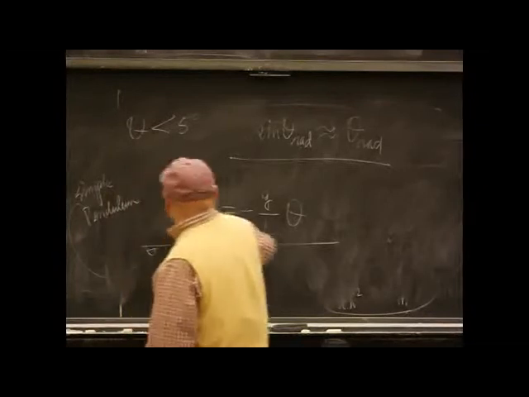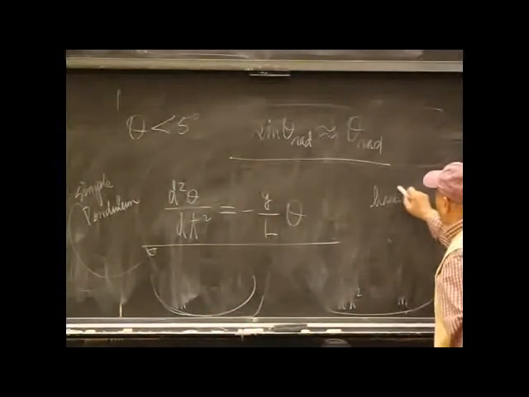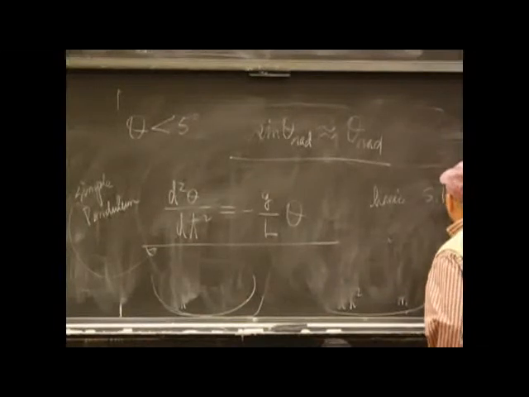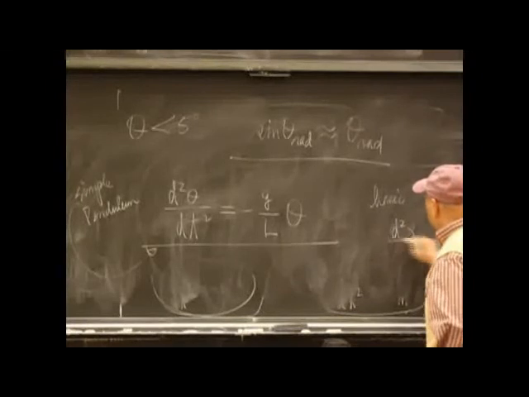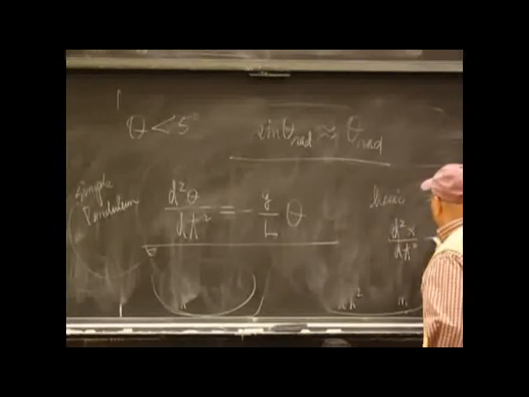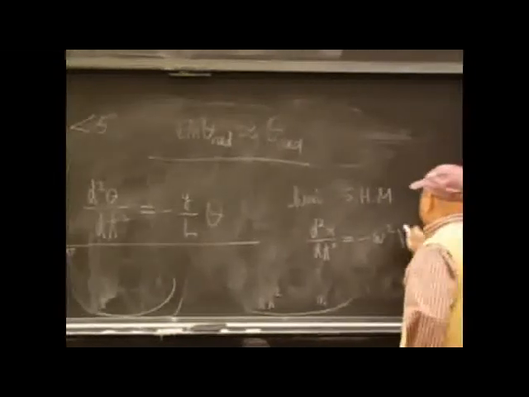And then we go back to the basic simple harmonic motion equation, d2x dt2 equal to minus omega squared x.